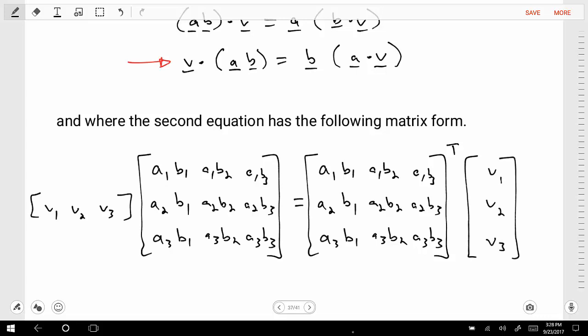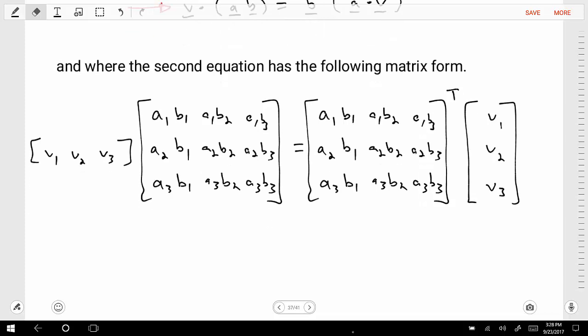So in essence, we're finding that when we switch the order of B and A, we're transposing the product tensor. When we switch the order from A B to B A, we're in essence transposing the product tensor of that dyad. The dyadic tensor is transposing. So it's a very interesting property of these dyads.